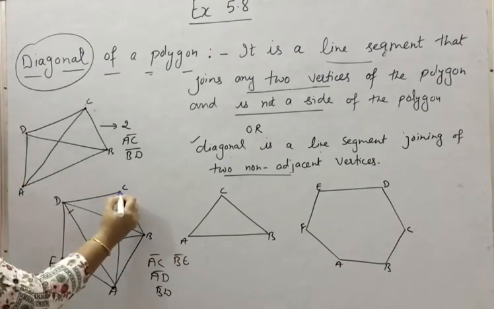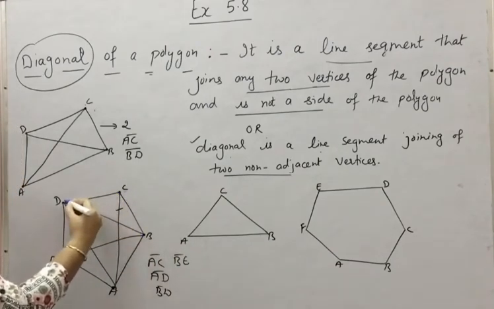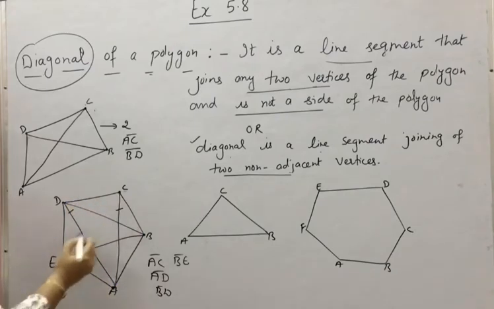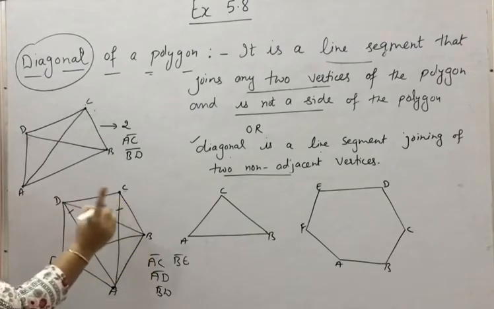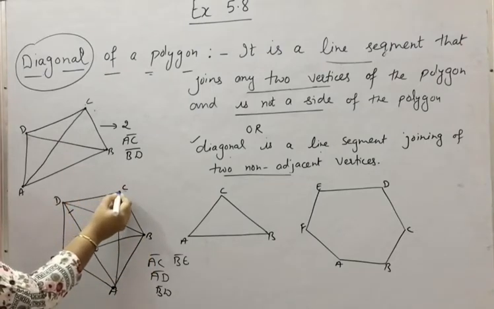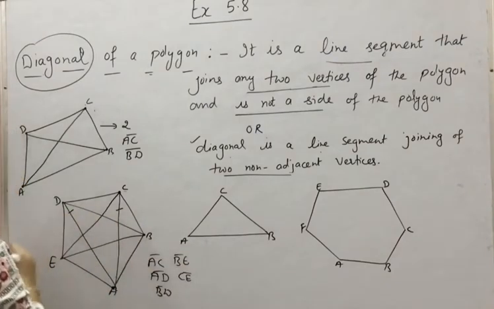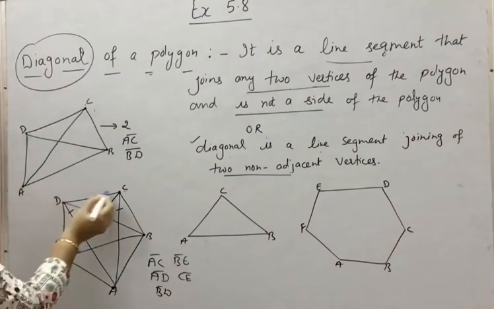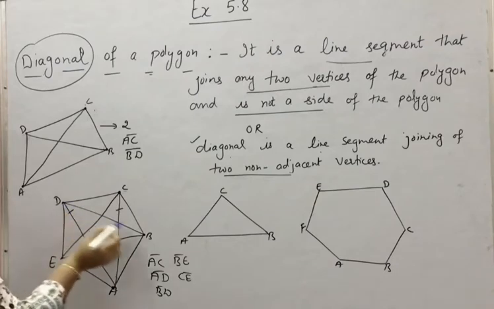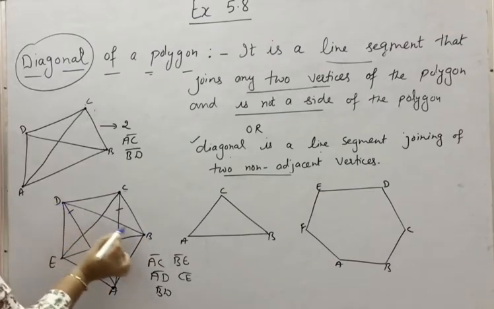Now come to C. B and D are adjacent, so the non-adjacent are these. C to A is already joined, so we will not repeat it. AC and CA is the same thing. So C to E. Now come to D. These two are adjacent, and the non-adjacent are B and A, so D to B and D to A are already joined.